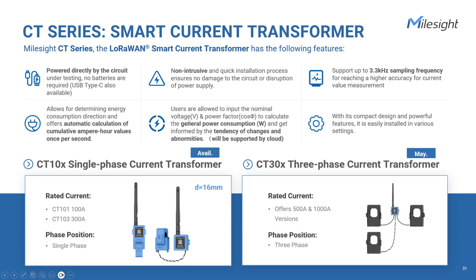Number 2, easy configuration. It can be pre-charged and configured using the USB Type-C, enabling a swift and hassle-free setup with the LoRaWAN gateway. For your convenience, the configuration can be done via USB other than NFC. Number 3, low maintenance. The device can be powered directly by the circuit without batteries.